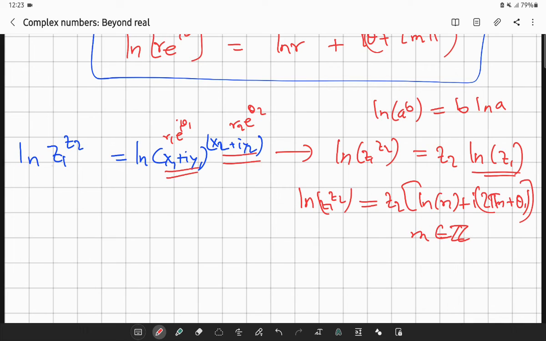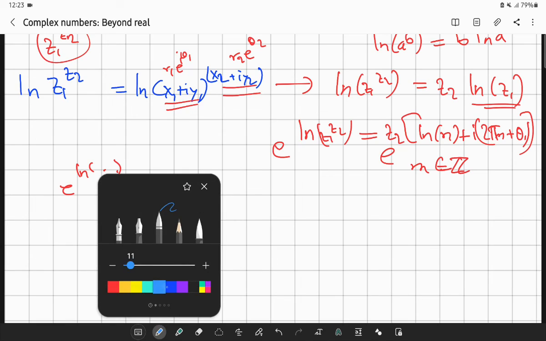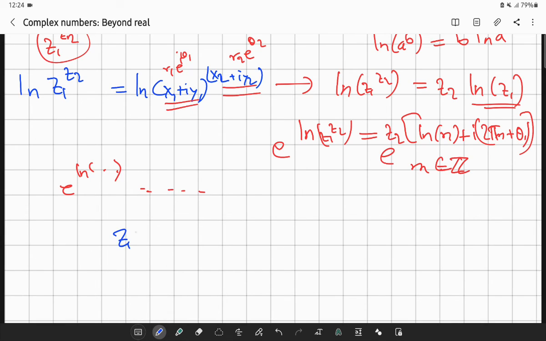But we want z1 raised to z2. Our question was z1 raised to z2. How do we do this? Well, we just raise both sides to the power of e. e raised to ln of something is something itself. So if I take e raised to this and e raised to this, I'll get z1 raised to z2 equals e raised to z2 times ln z1.